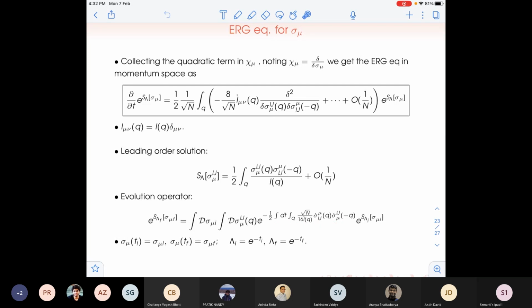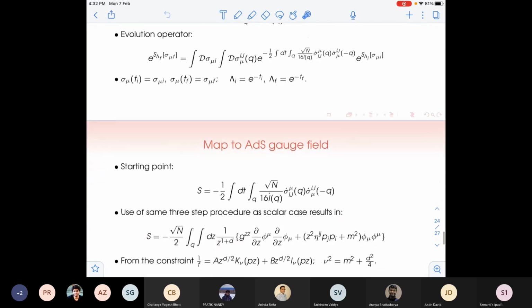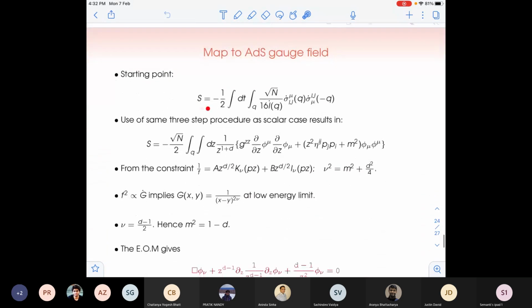We want to transform this action in such a way that it goes to the gauge field action. This is the starting point, and then if we do the same three-stage procedure as in the scalar case, we get this equation.